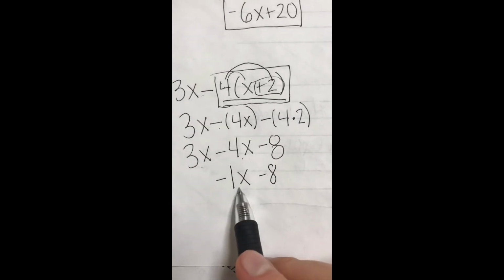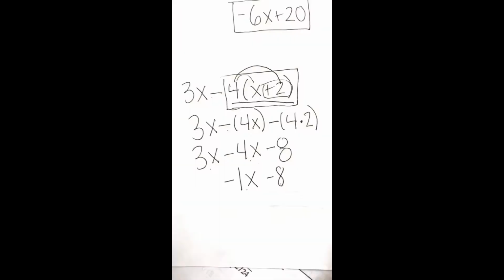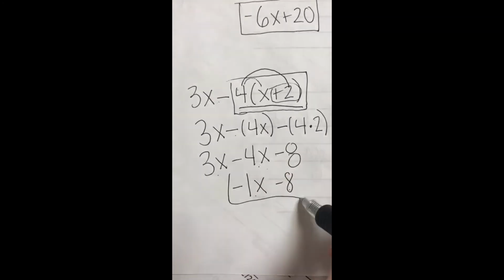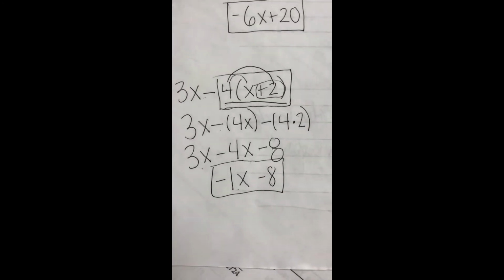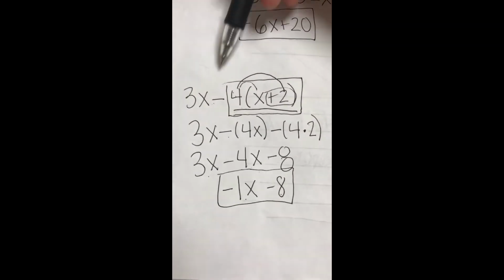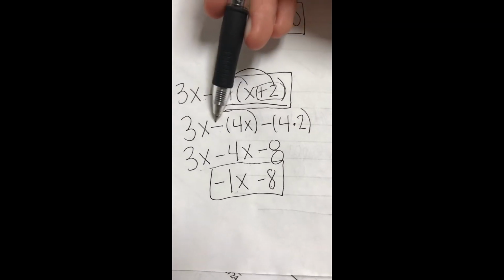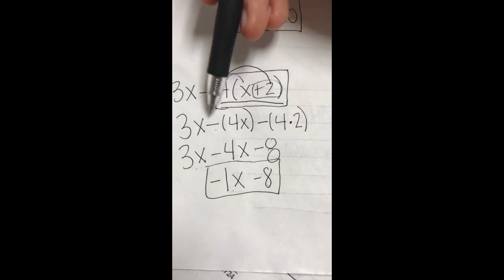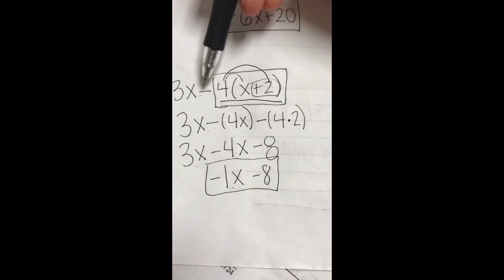So then I have a term with an x, a term without an x, so I cannot combine them. So this would be my final answer. So on this, when you're subtracting, just be careful that you subtract both of your multiplications, since all of this is being subtracted. X, and then we're subtracting all of this.